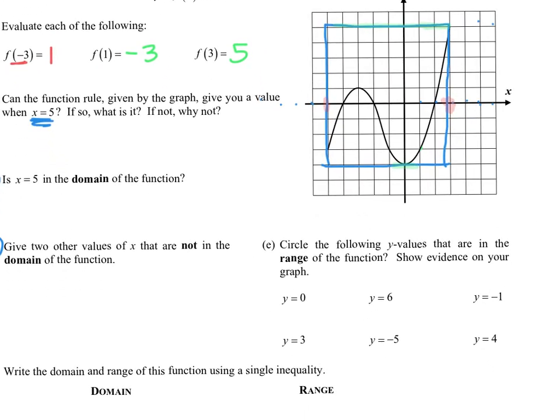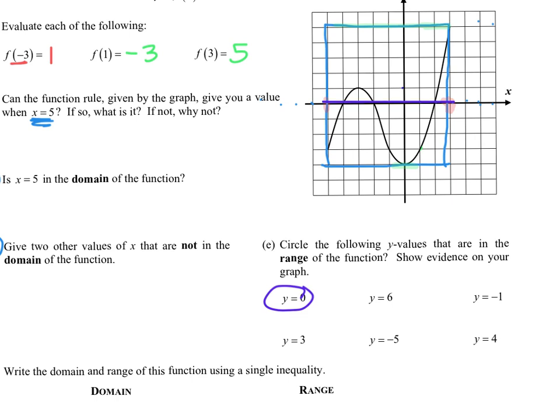Question E says, circle the following y values that are in the range of the function. And it says show evidence. Well, they want us to draw right on the graph. So let's see, is y equals 0 in the range? Well, y equals 0 is here. Yeah, that's in the range. How about y equals 6?